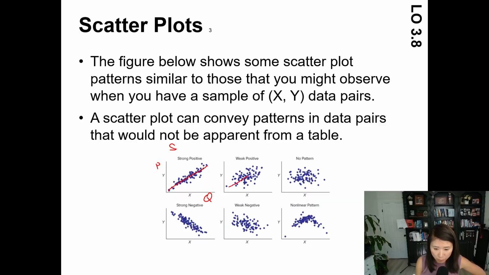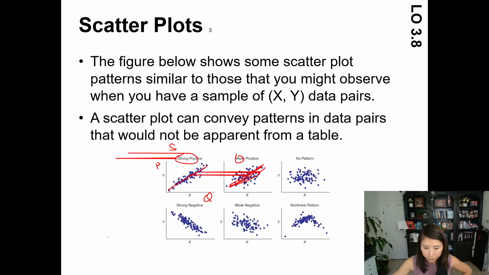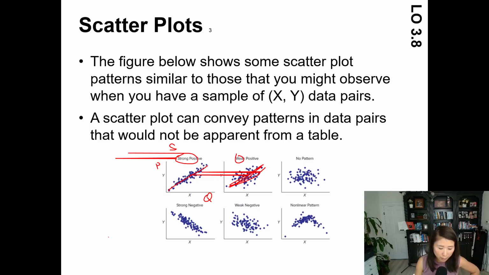Similarly for the second chart here, if you try to draw a line, it will be a line going up. The reason we say this one is strong and this one is considered weak is that when more dots are very well lined up in a straight line, we consider it strong.